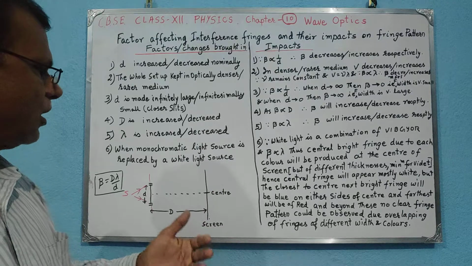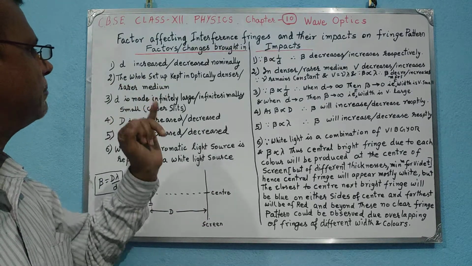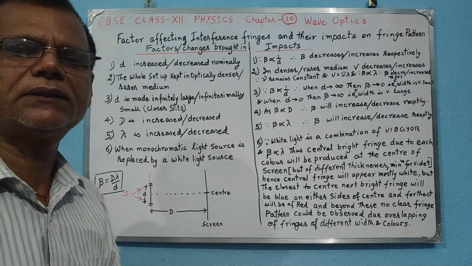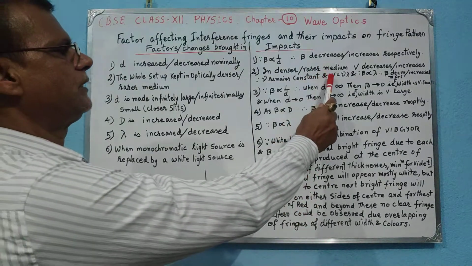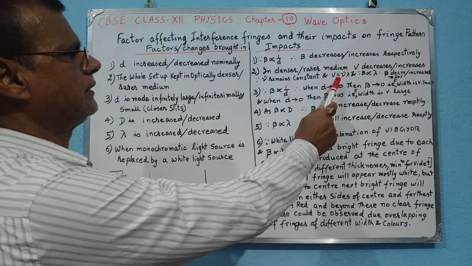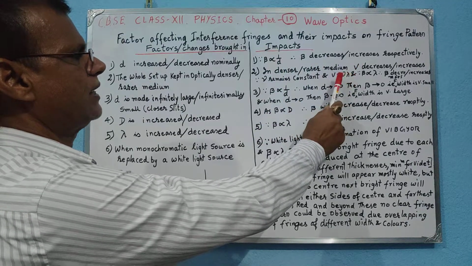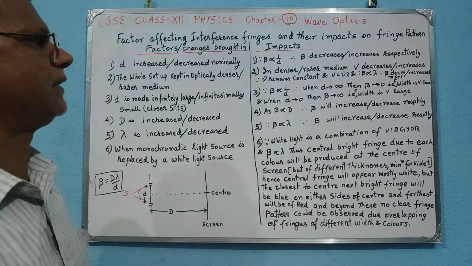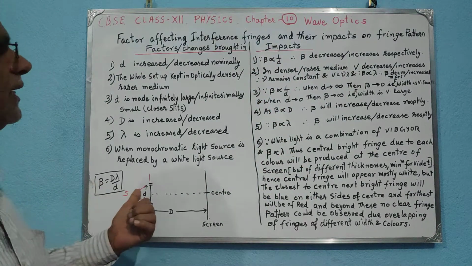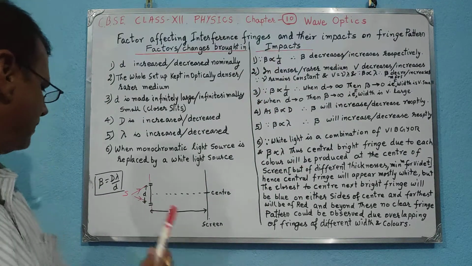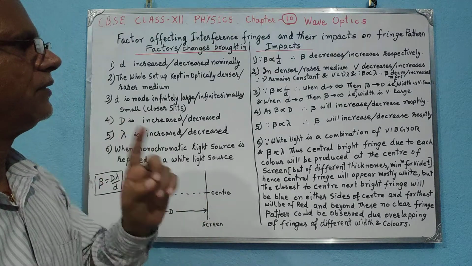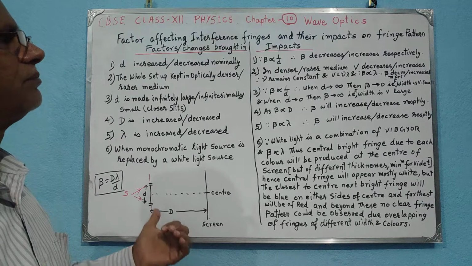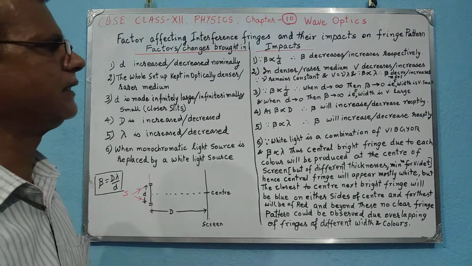Now when we talk about an optically denser medium, it means the light ray is slowing down, so the velocity is decreased, which means the wavelength is decreased. We have the relation beta is directly proportional to wavelength, so if the wavelength is decreased, the fringe width will decrease.